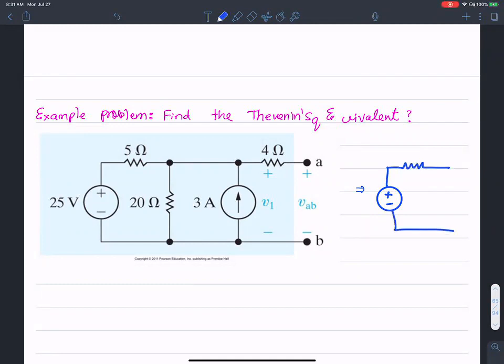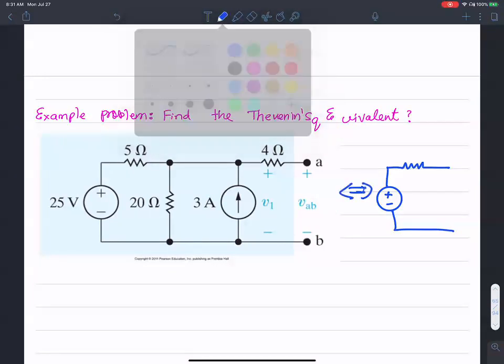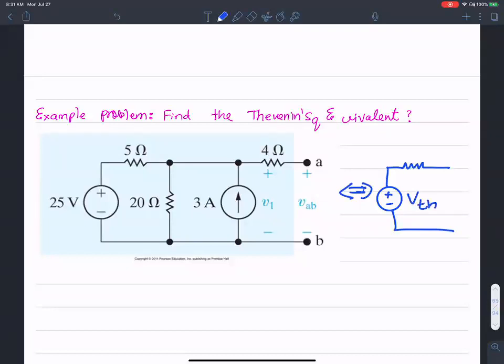Simplify all of this circuit into one voltage source with one resistance. What is the value of VTH? What's the value of RTH? That is, in every respect, identical at the terminals A and B.